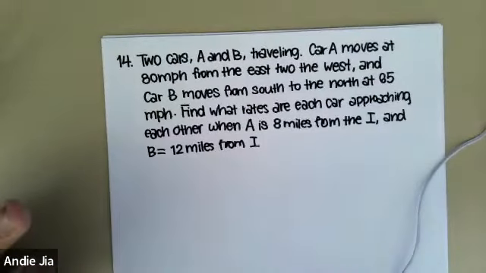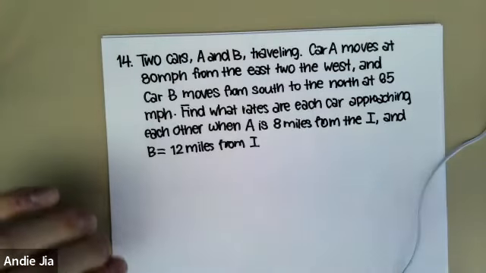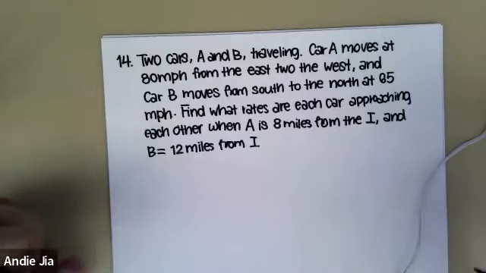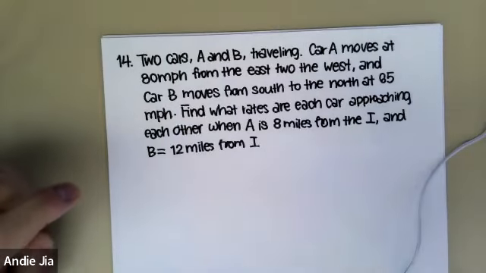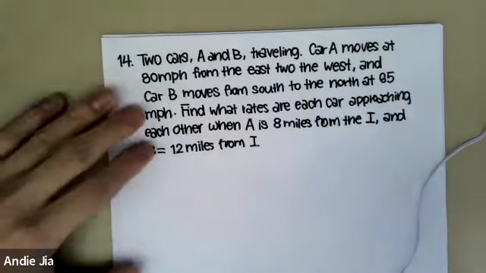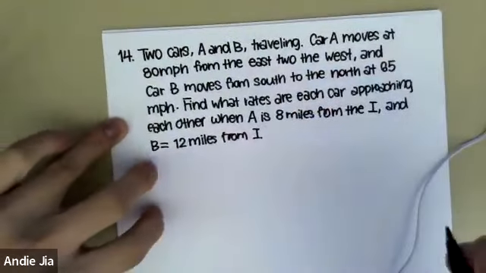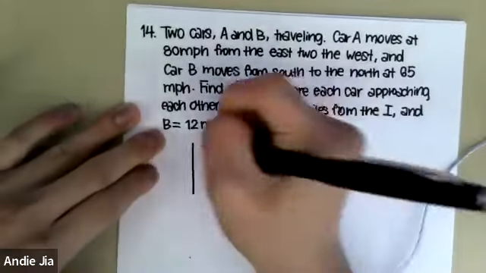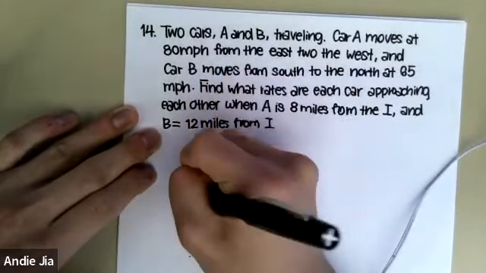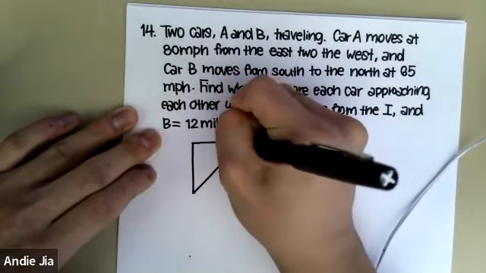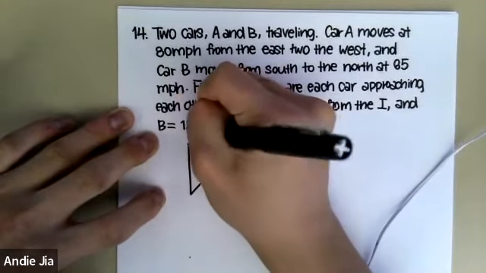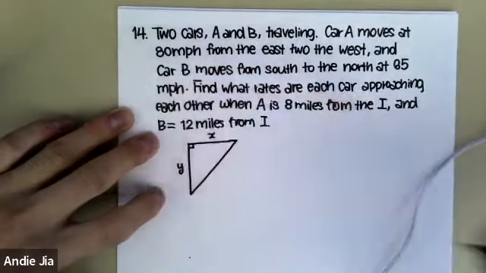So for any related rates problem, the first strategy is to sketch a graph and label everything. So this is a triangle. This is an x, this is a y.